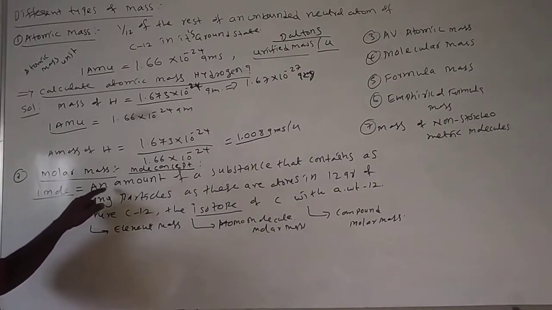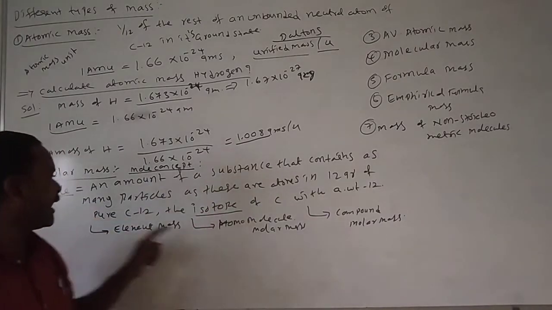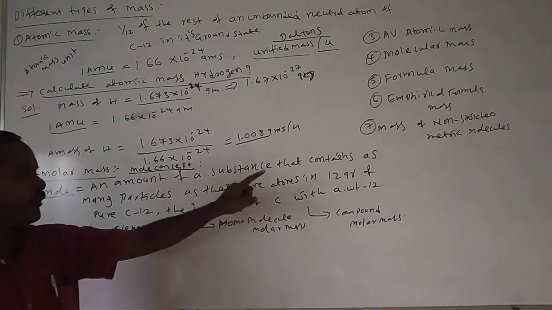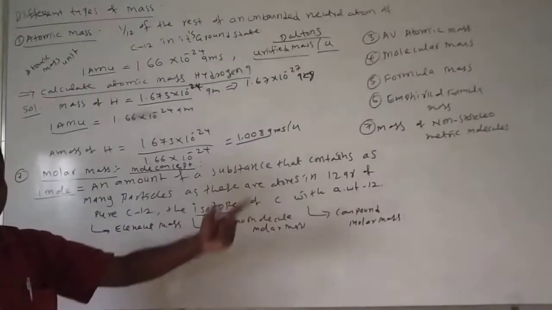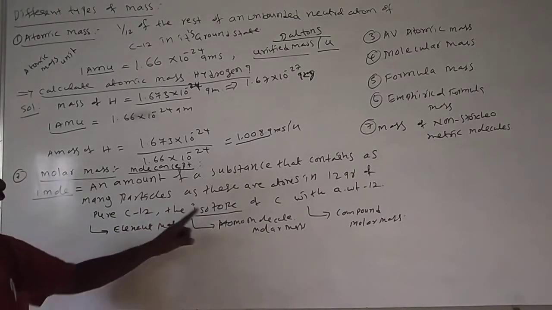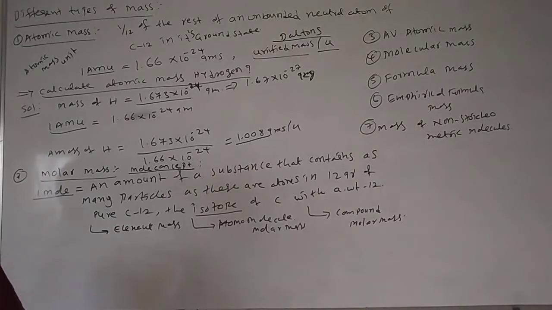Again I am repeating the definition: an amount of a substance that contains as many particles as there are atoms in 12 grams of pure carbon-12, the isotope of carbon with atomic weight 12, is called 1 mole.